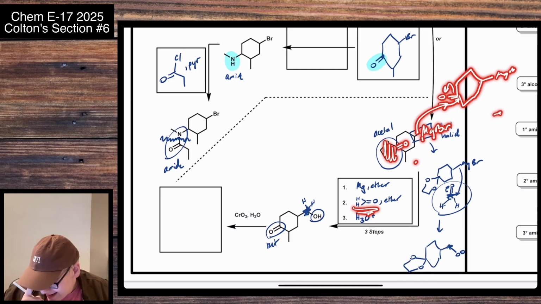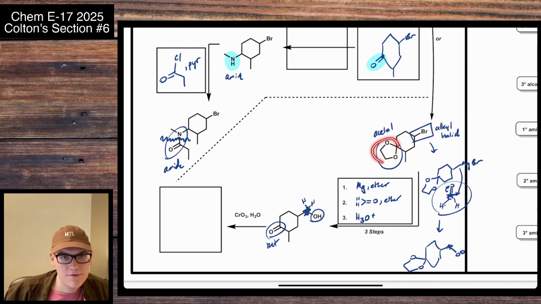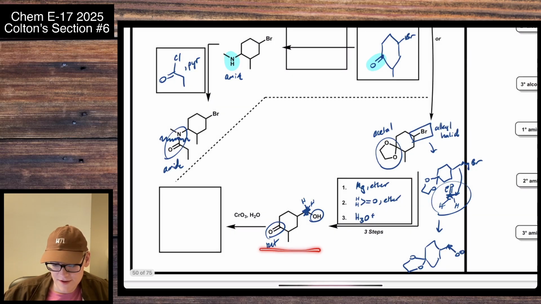So that's why, again, this idea of having a protecting group that doesn't react is going to be important and helpful for us. So that is these three steps here to go and form this intermediate.